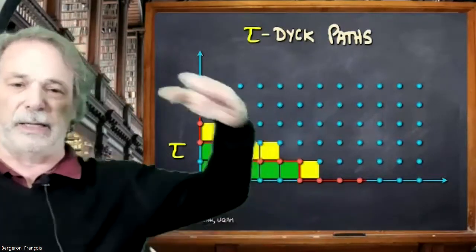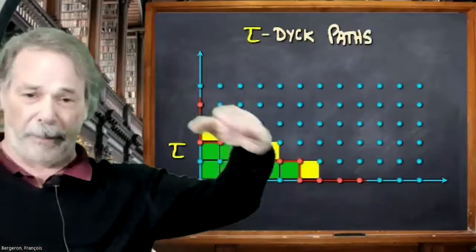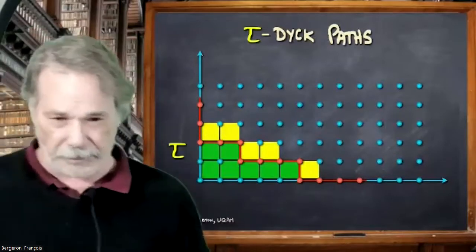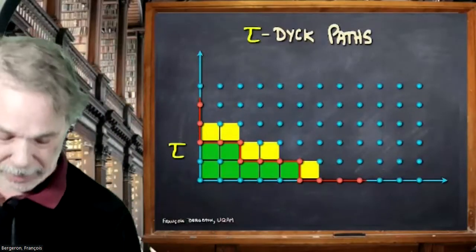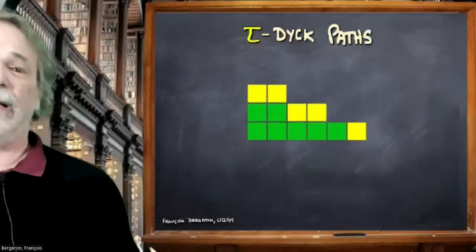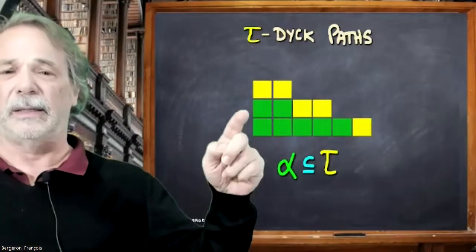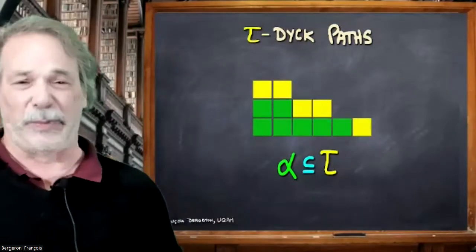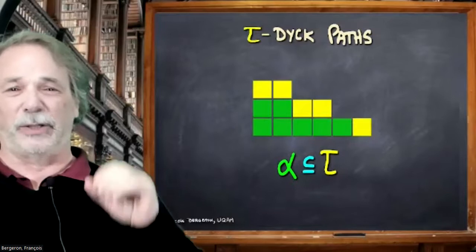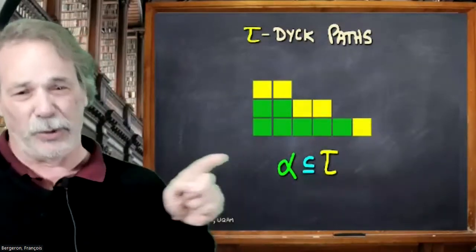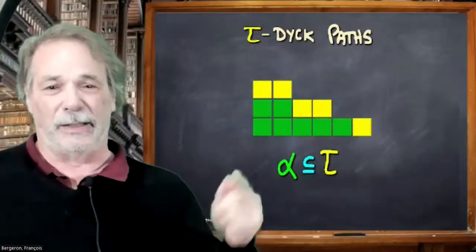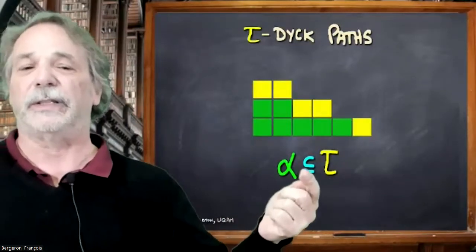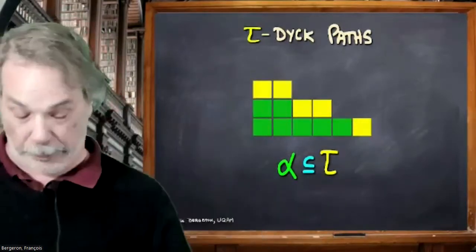And then if you think that you have a diagonal this way, this is the classical way of looking at Dyck paths. So if you didn't know about Dyck paths before, this is great because you're not mixed up. You use my definition, and the definition is easy. If you know what's a partition, you just look at a partition that's contained in tau. So that's a Dyck path.